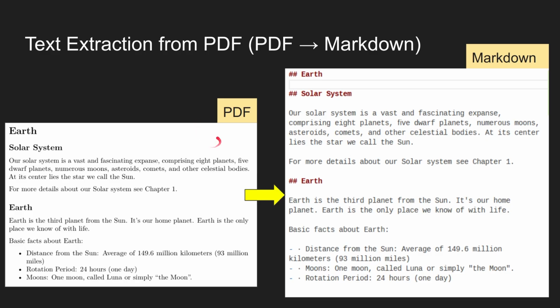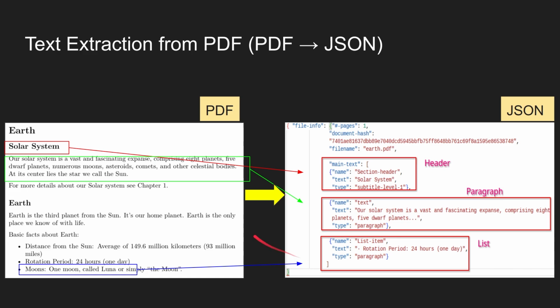So here I have a sample PDF on my left-hand side. And you can see I can extract markdown text out of that. And you can see the markdown structure. It brings up headings, paragraphs, and bullet points accurately. We can also extract PDF into, say, a JSON format.